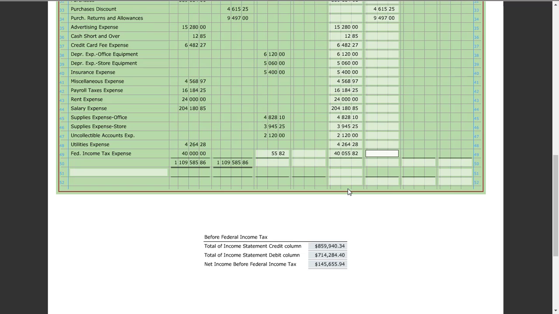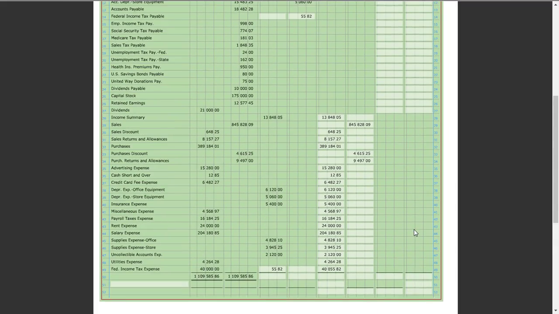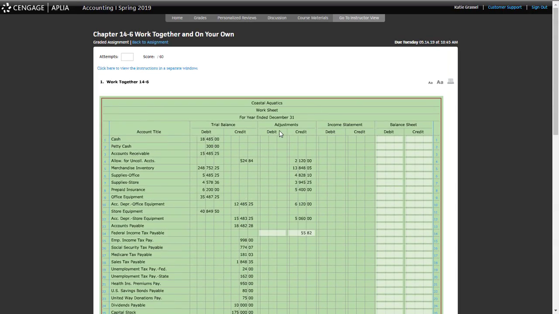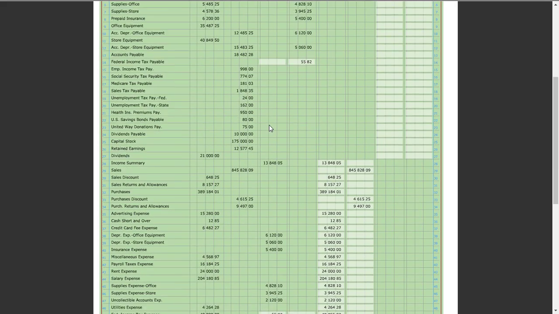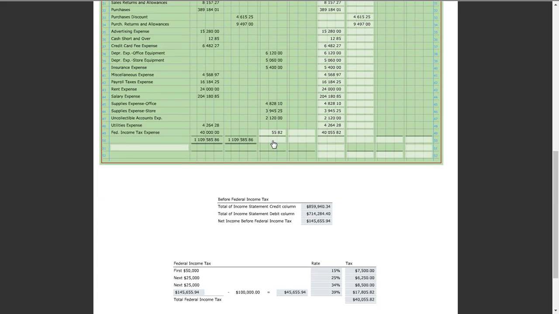Now, first thing that you have to do is you need to add up your adjustment column. Okay? So I'm going to make mine a little bit smaller. You're going to add up your adjustment debit column. Your total will go on line 50. Then you're going to add up your adjustment credit column.